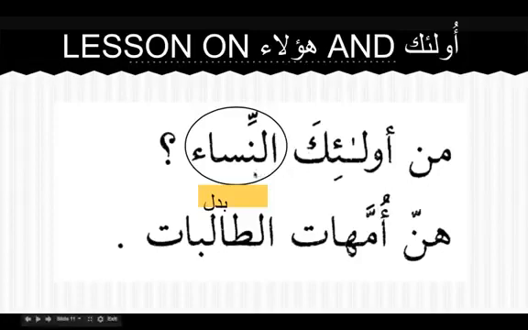So man ulaika nisa'u? Hunna, they are ummahatut-talibati, mothers of students, female students. Hunna is mubtada, ummahatu is khabar and it is mudaf, and at-talibati is mudaf ilayhi.